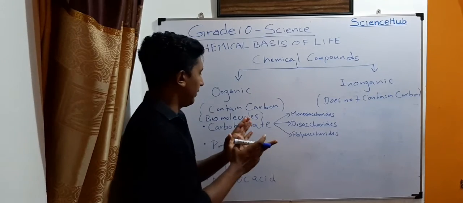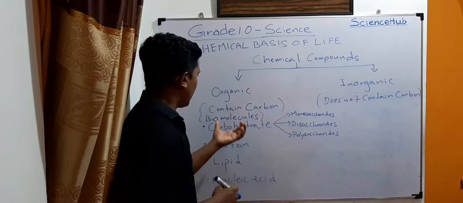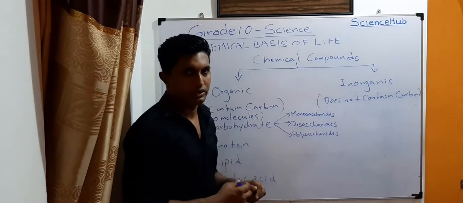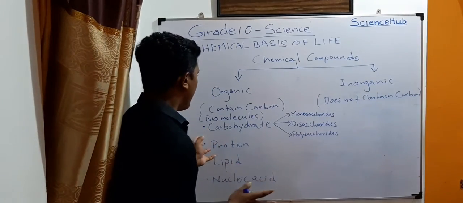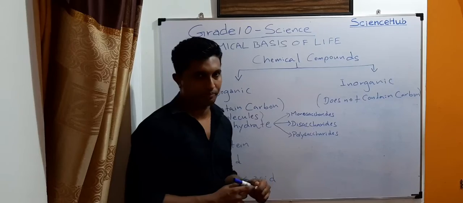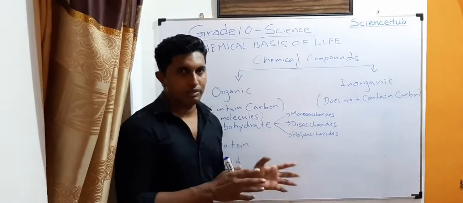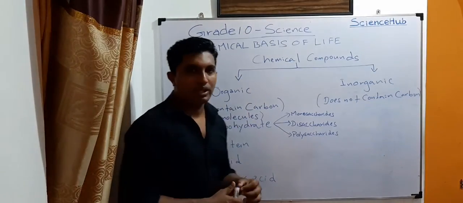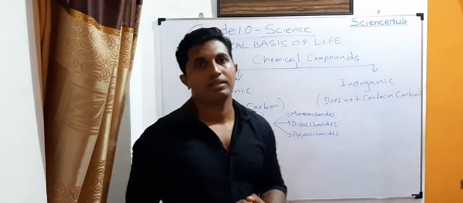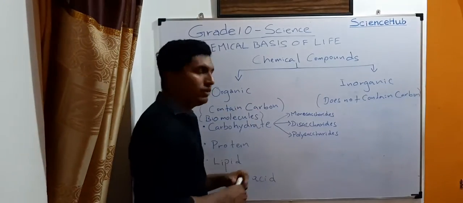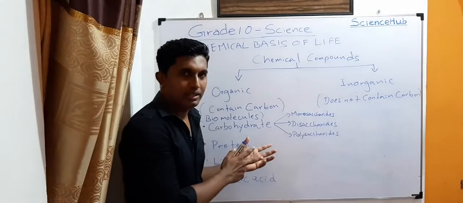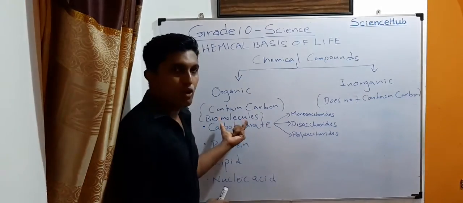Before that, these carbon molecules, that means organic molecules, we can name as biomolecules. That is a similar word for the organic living molecules. The molecules that contain carbon can be named as biomolecules.